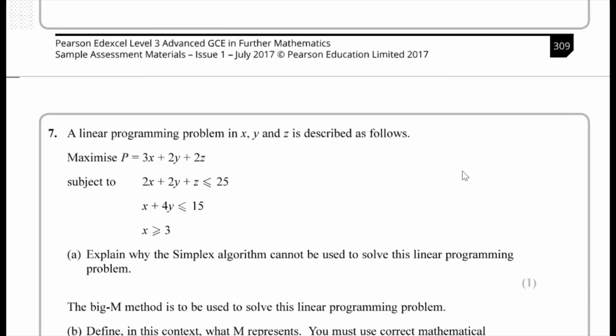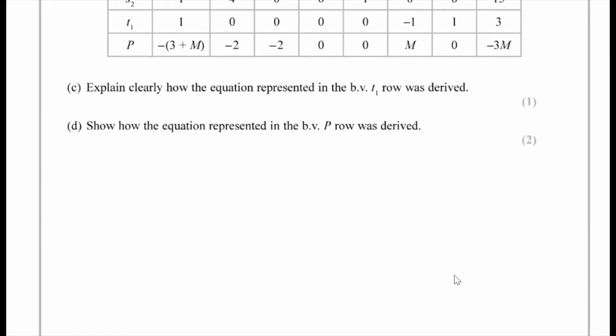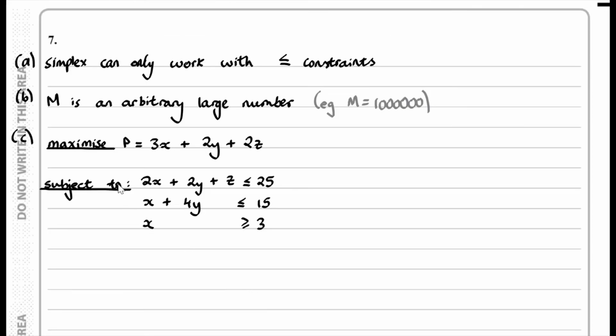Well, I think this requires a bit more work than it's worth. I think for this sort of problem, it will be a good idea to first of all write down our inequalities. So we have to maximize this equation subject to these inequalities, and where we have x being greater or equal to 3, let's consider each of these in turn.